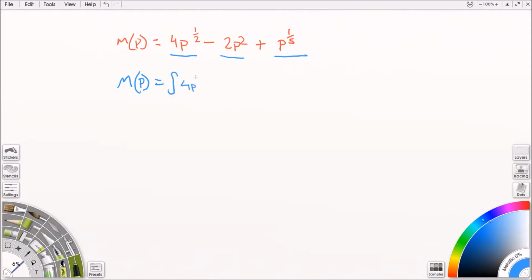Integral 4p to the power of 1/2 dp. Do not forget the dp, or whatever it's with respect to.